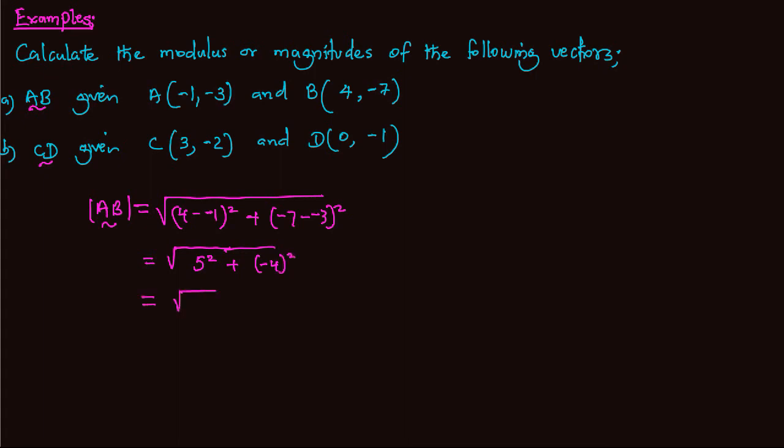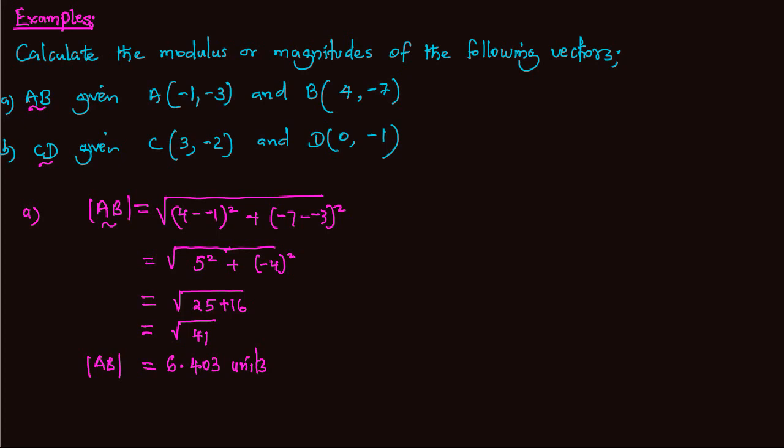This gives us 25 plus 16, which is the square root of 41, so that the modulus of AB is equal to the square root of 41, which gives us 6.403 units.